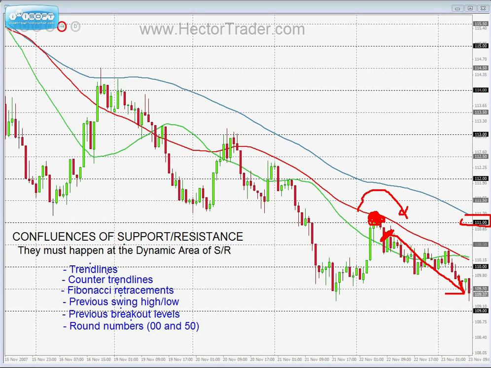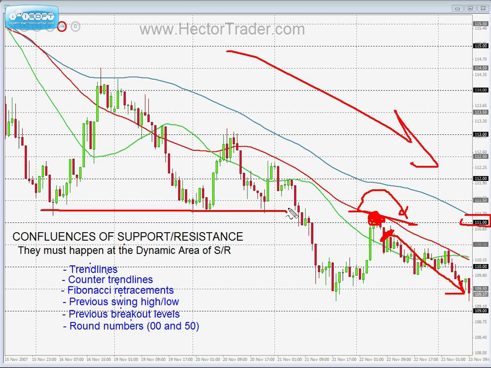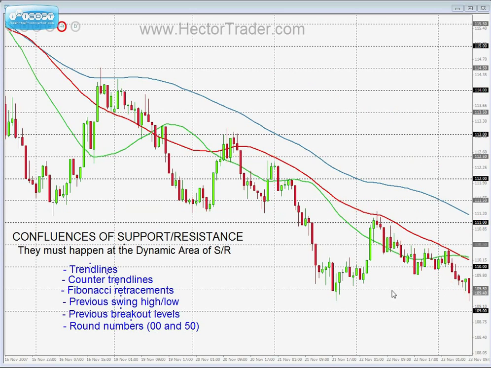You have many elements backing up your short position, many elements of resistance in a downtrend within the dynamic area of support and resistance. As price begins to turn around, if you trigger a short entry, you're going to have, I don't know, 70 to 30 probabilities on your side. You will definitely be trading a high probability trade.